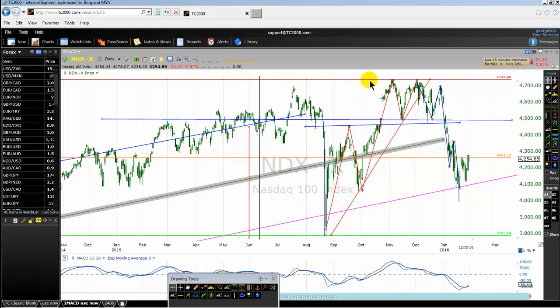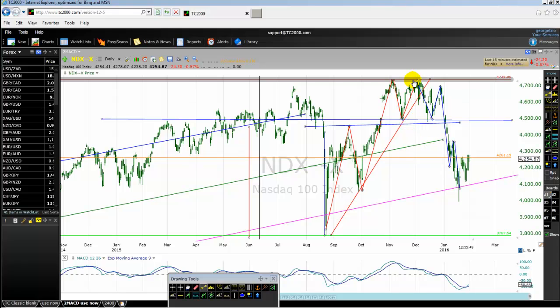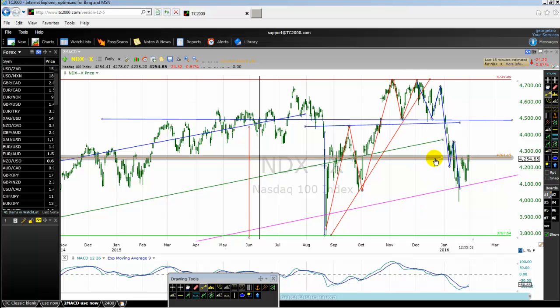Okay, it makes sense? Current market pattern, that's what we see. Okay, if the price dips below the level of 4262, we will project that channel, the top channel between the red and the orange, to the downside. We have now a new channel which is between the orange line and the low.